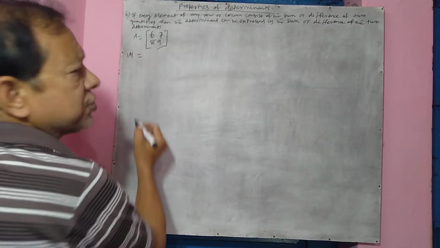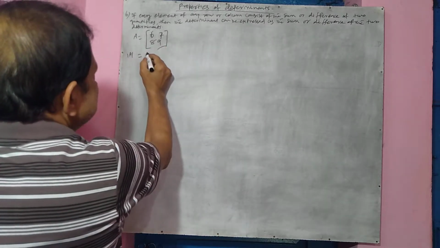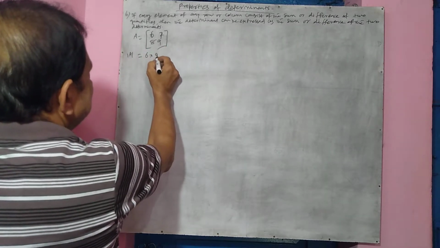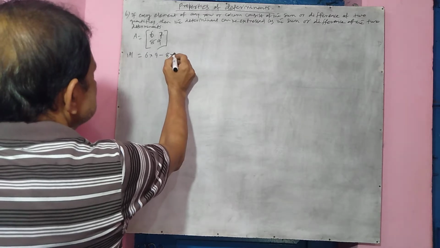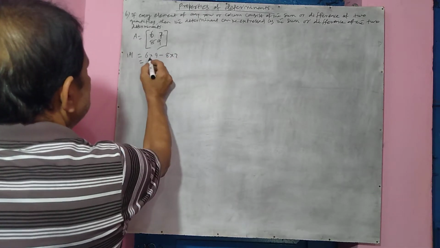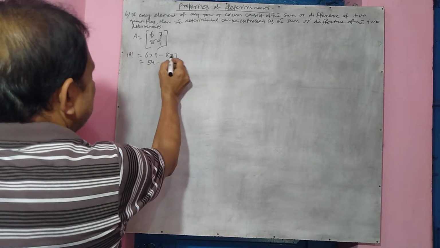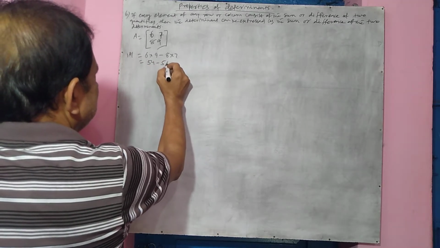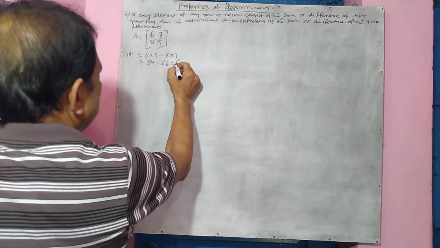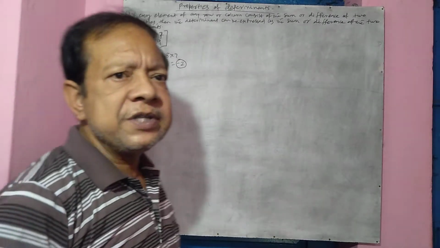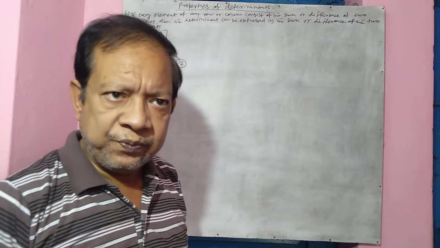The determinant is 6 into 9 minus 8 into 7, that is 54 minus 56. This is minus 2. So the determinant here is minus 2.